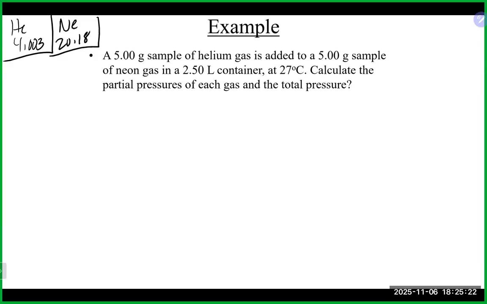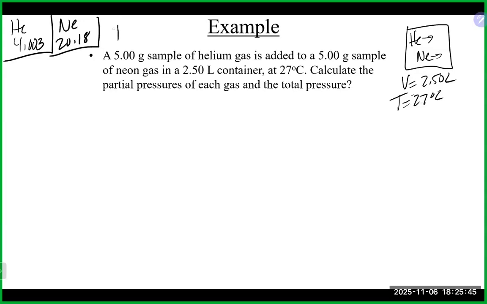Okay, let's take a look. We've got 5 grams of helium and 5 grams of neon, so we have a mixture of gases flying around in the same container. We know that the volume is 2.5 liters and the temperature is 27 degrees Celsius, and we're looking for the partial pressures. So we're going to use PV equals nRT for each gas.